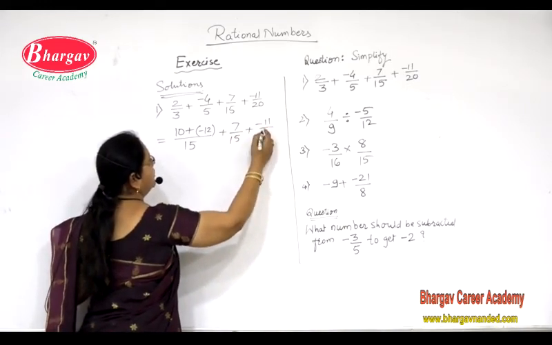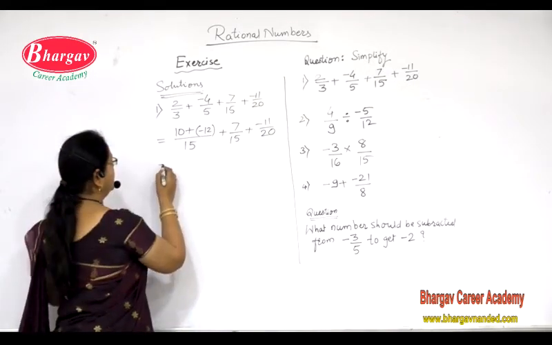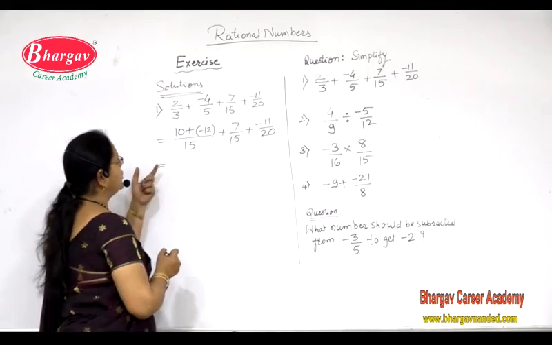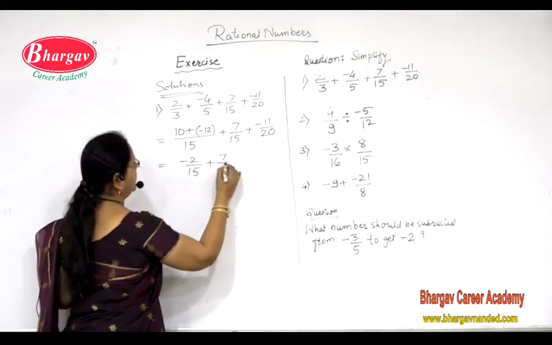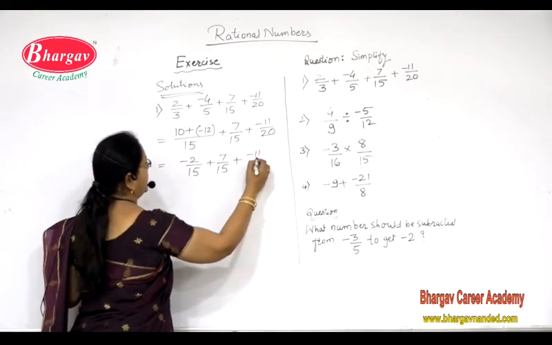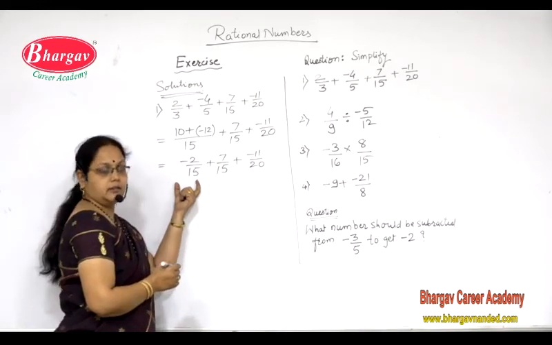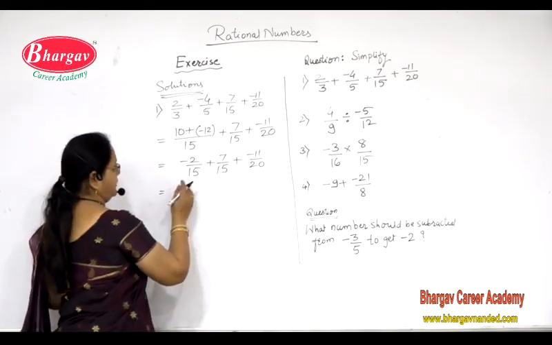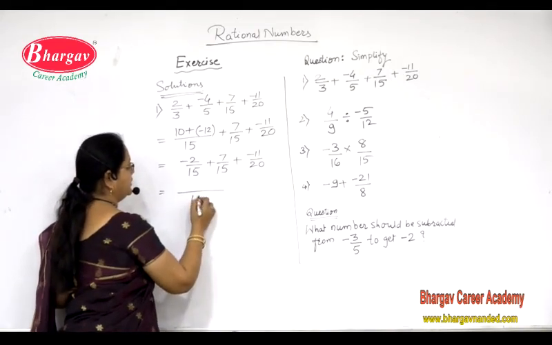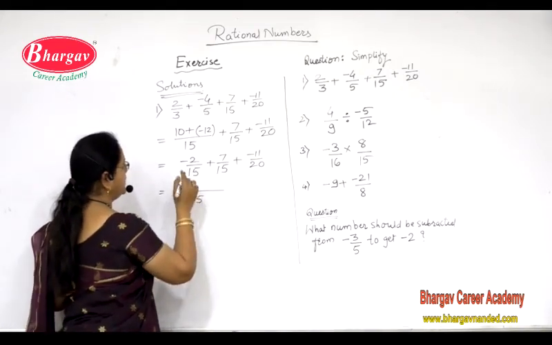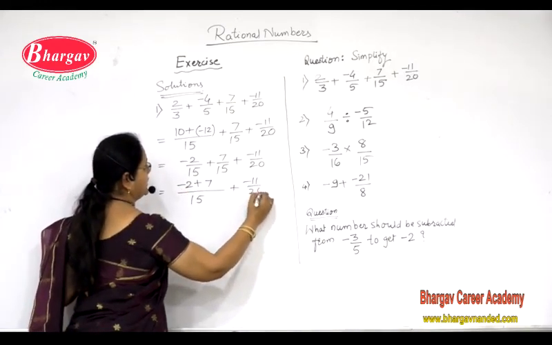Just I am showing you why to use the LCM technique while solving examples based on addition. So what you get here, we get minus 2 by 15 plus 7 by 15 plus minus 11 by 20. If you follow again here the rule of addition with the same denominator, you write this 15 as once and we add numerators and rest of the number as it is.